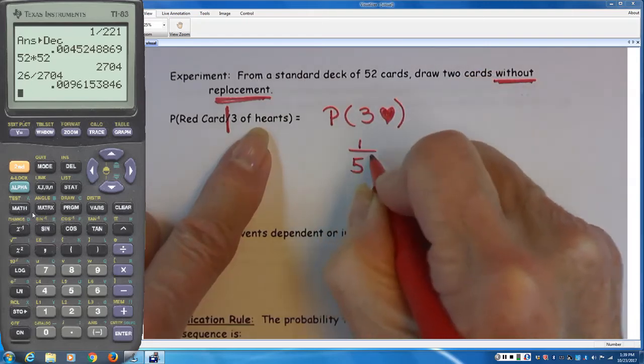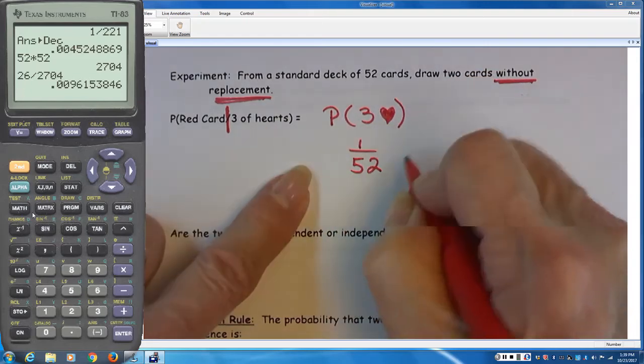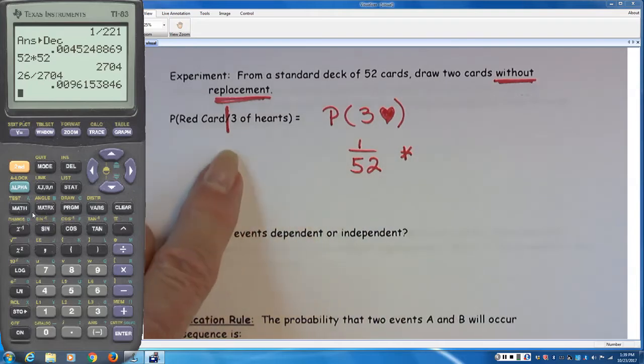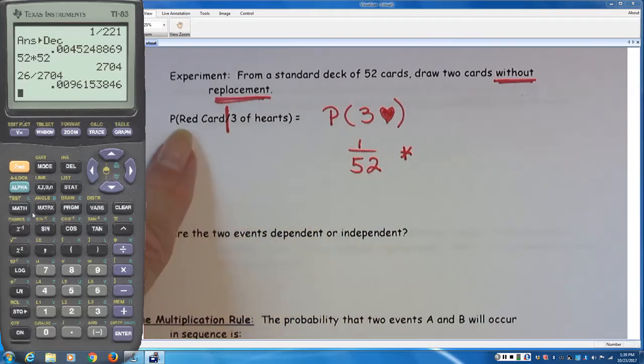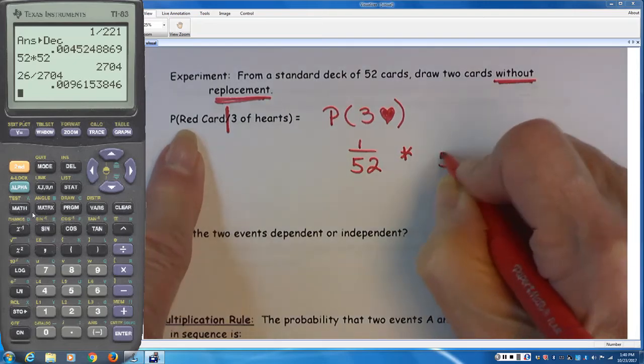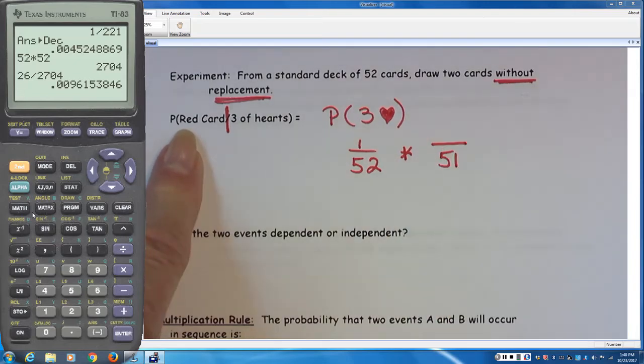Okay, because there's only 1 3 of hearts. Now we need the probability of the red card, only we didn't put the 3 of hearts back in. What happens to the deck now? There's only 51 cards in it, for one thing. How many of those cards are red?